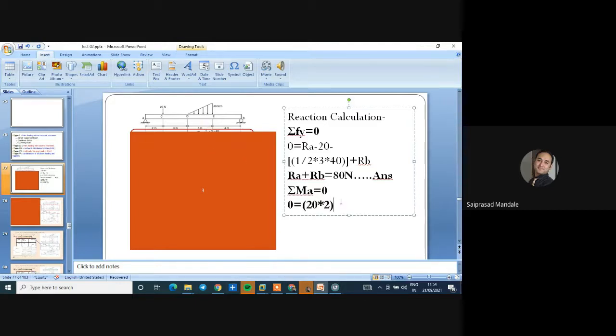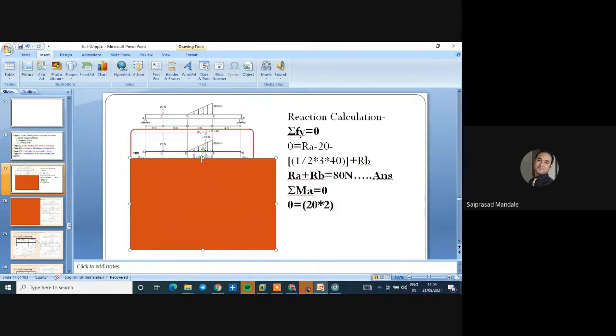If you remember, I told you the location of CG. The location of CG lies at 2/3 of the length from this point. Let me draw one line that will make it very clear.